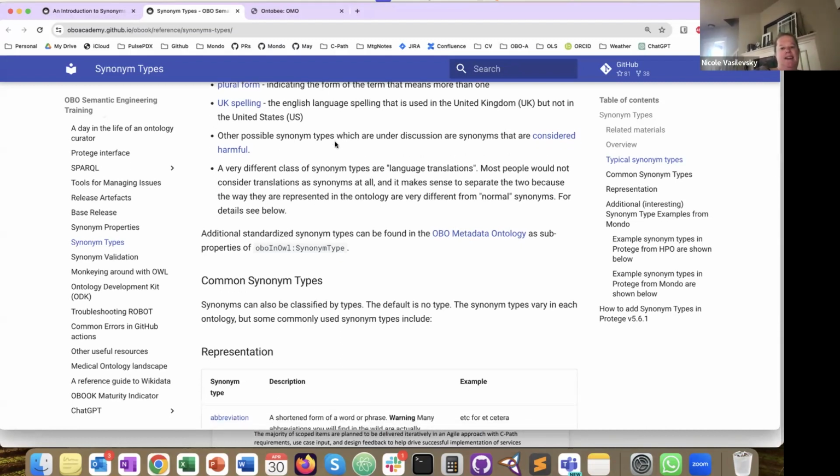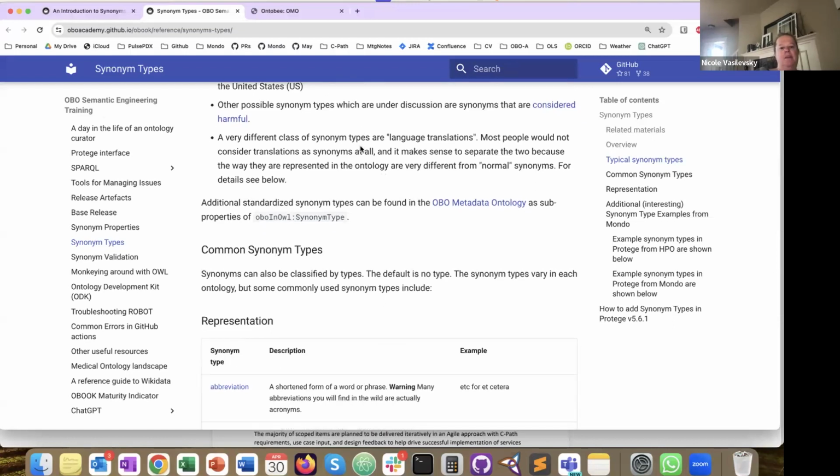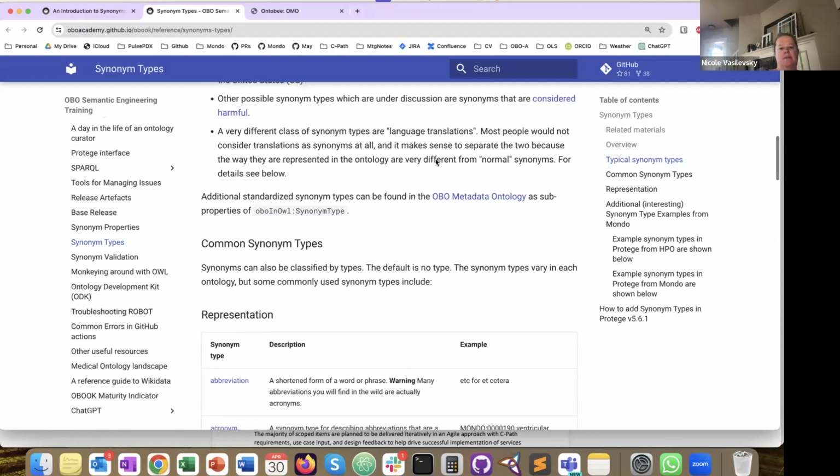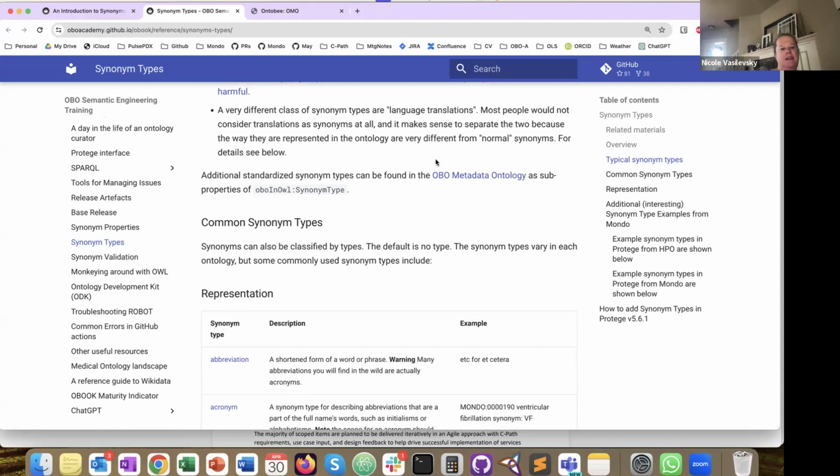UK spelling, so the English is written in either American English or British English. Other possible synonym types are under discussion, such as those that are considered harmful. These are examples like terminology that's no longer accepted as politically correct.